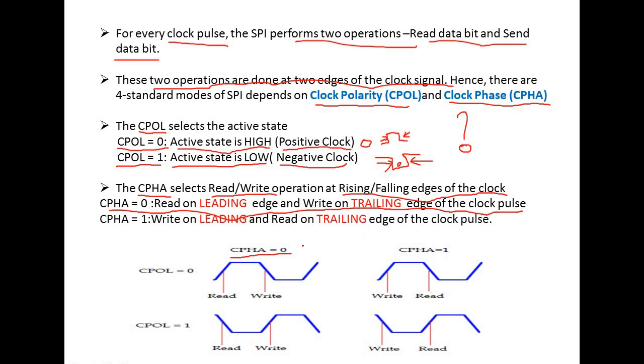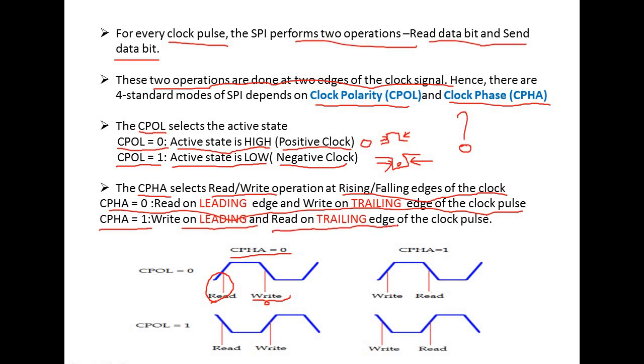Understand? If clock phase is equal to 0, then reading operation is performed on the leading edge and writing operation is performed on the trailing edge of the clock pulse. And if clock phase is equal to 1, then writing operation is performed on the leading edge and reading operation is performed on the trailing edge.